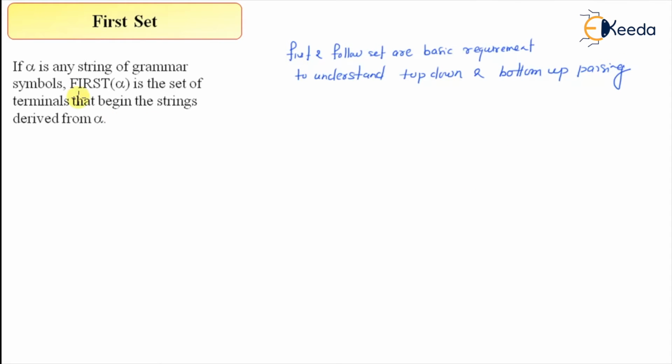So the basic requirement is the computation of first and follow, and just remember the key term: both are sets. Definition wise, if alpha is a string of grammar symbols, that is, alpha is an element of (non-terminal union terminal) star, then first of alpha is the set of terminals that begins the string derived from alpha.